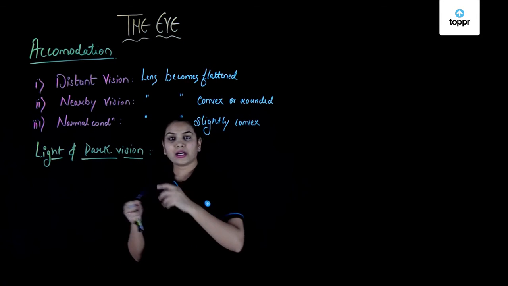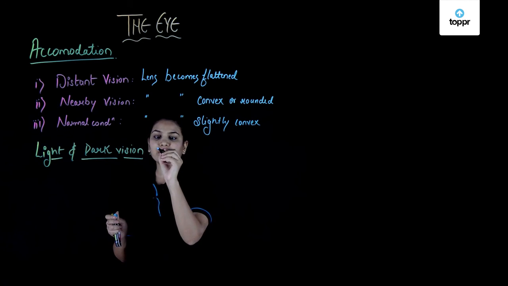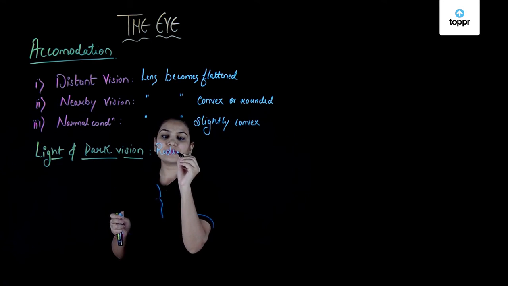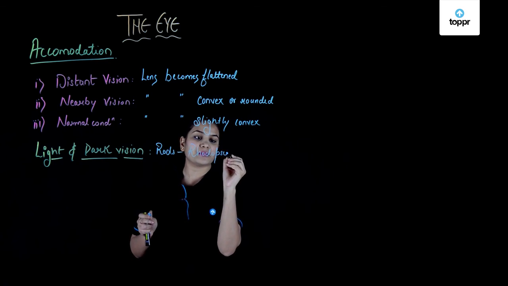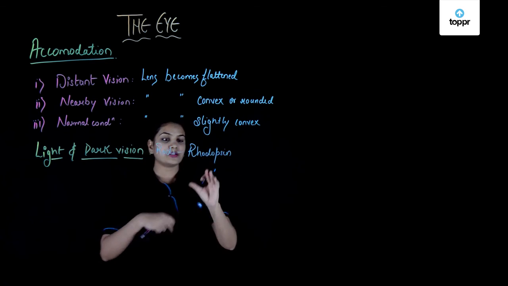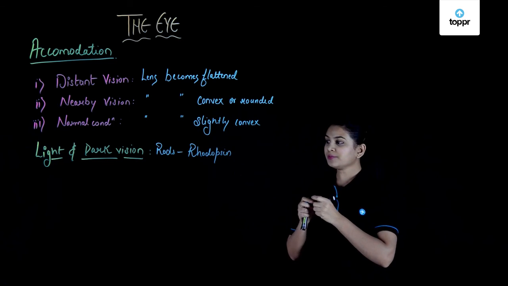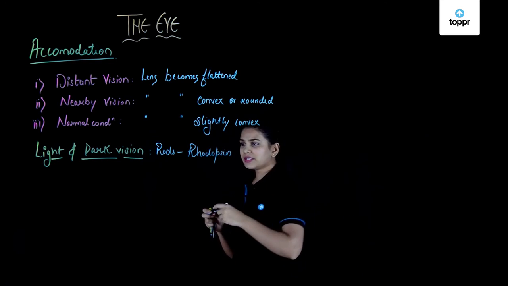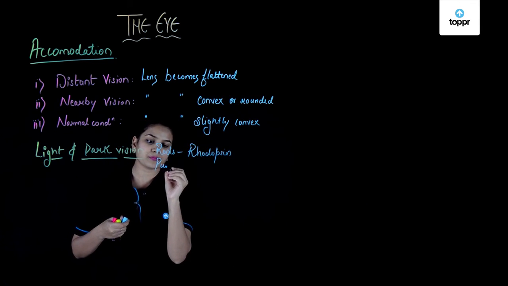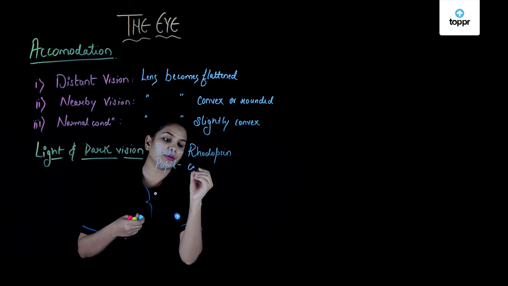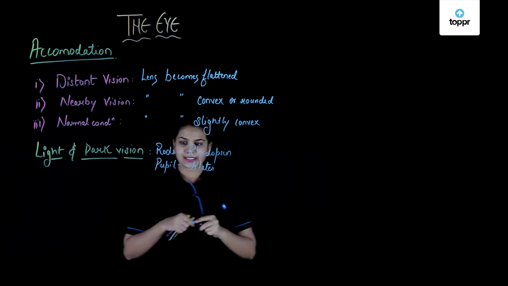In dark vision, the pigment present in the rods, what do we call it? It is rhodopsin. The rhodopsin regenerates after it gets bleached when you were present in the lighter region. Second, when we talk about the pupil, in this case the pupil dilates. Now why does it dilate?